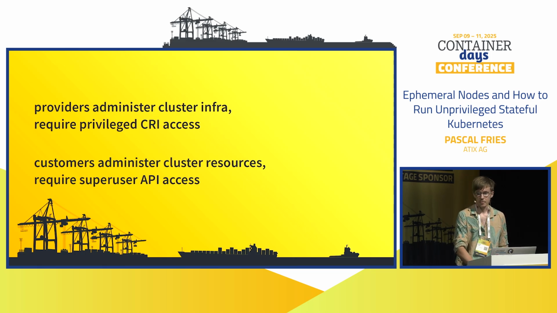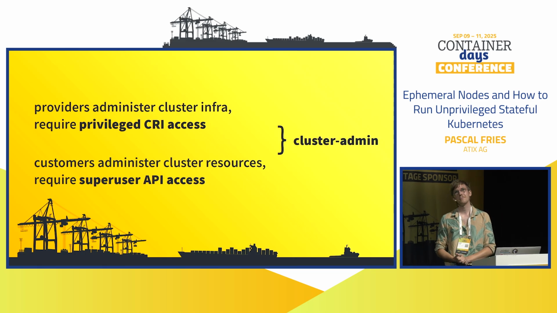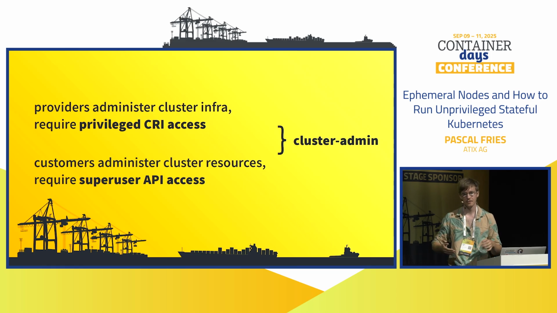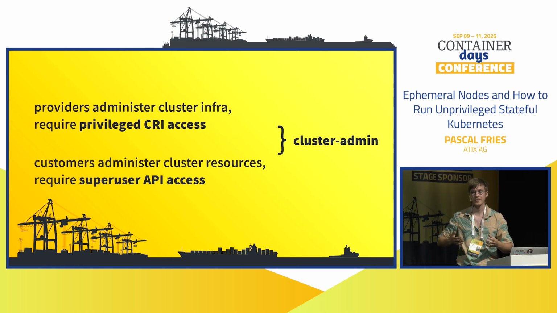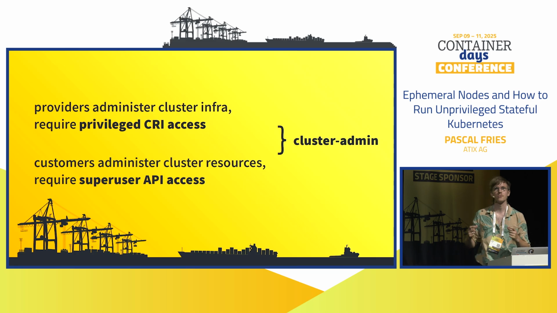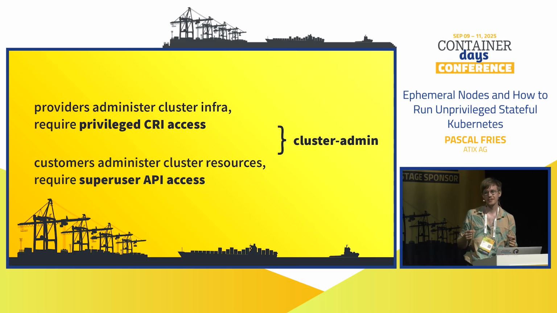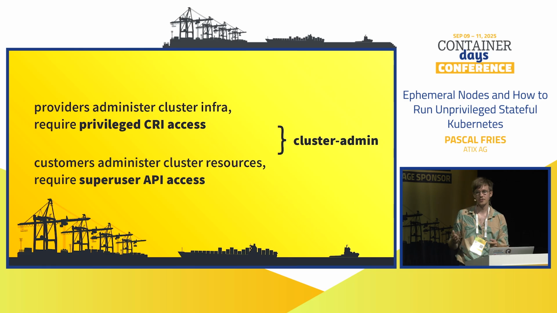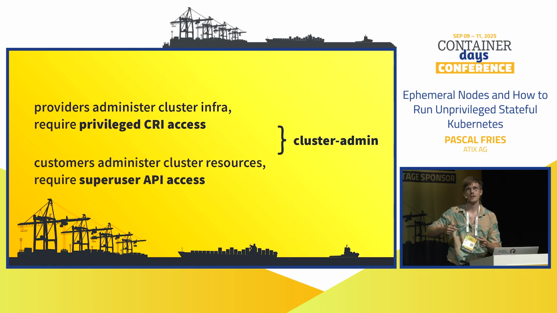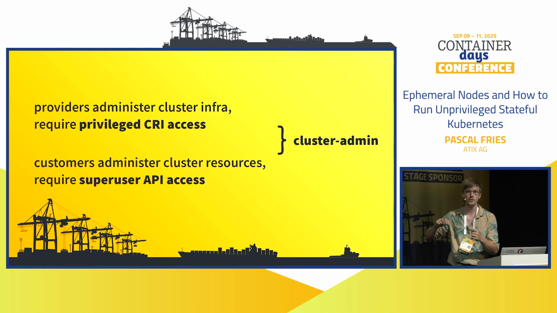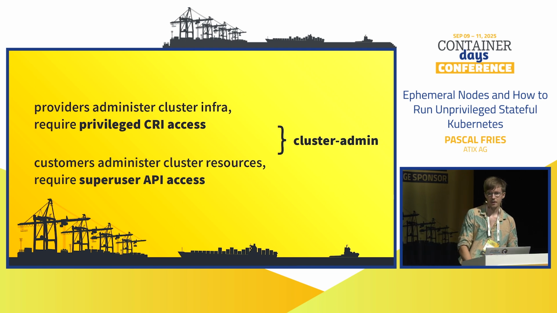That makes it a problem, because the way that Kubernetes was built and planned, both of these roles are actually the cluster admin. The cluster admin does the infra, and the cluster admin does everything that happens in the cluster API, because we don't have any separation between an API admin and an infrastructure admin, at least in the way that Kubernetes is usually built today.